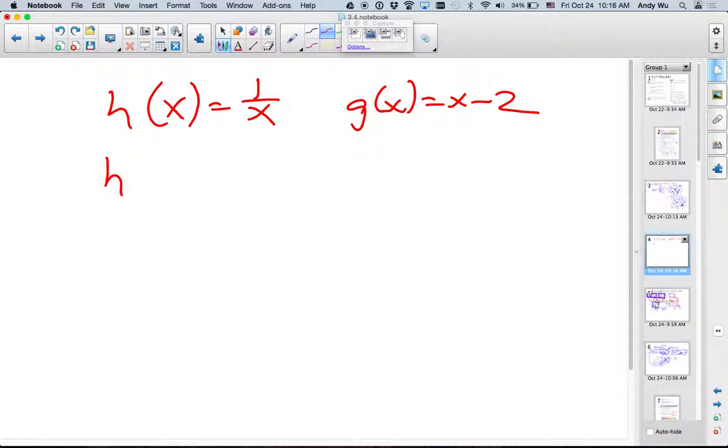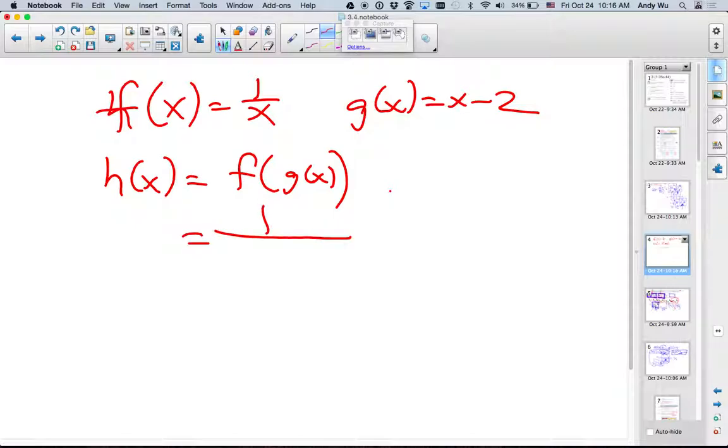I want f of g of x. So in this case I'm doing 1 over x minus 2. Does that make sense? My domain is x cannot equal 2.